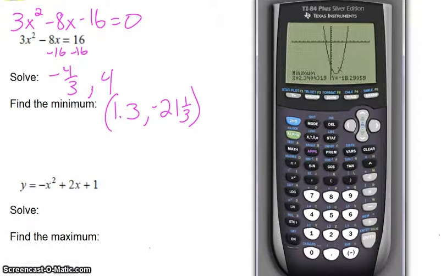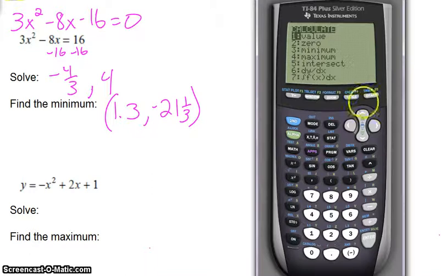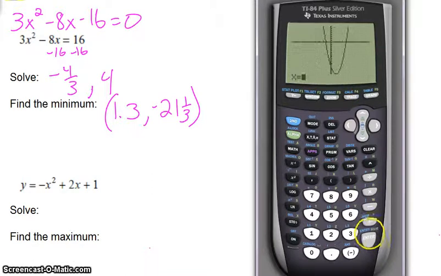Now something that might be helpful for word problems, like, you catapult something and you want to find the time after a certain amount of seconds. Clearly this wouldn't follow that, but you can do second trace. If you do value, you can plug in any number for x and it'll tell you what the value is right there.